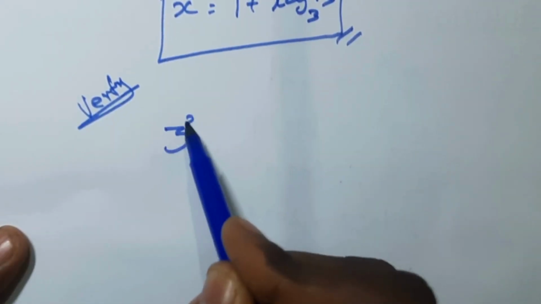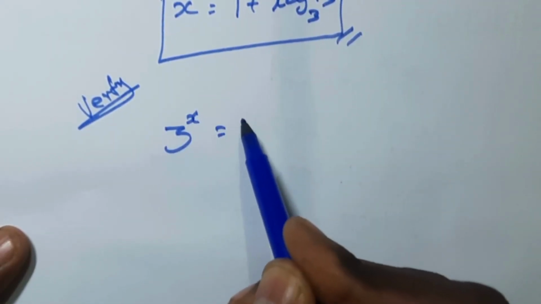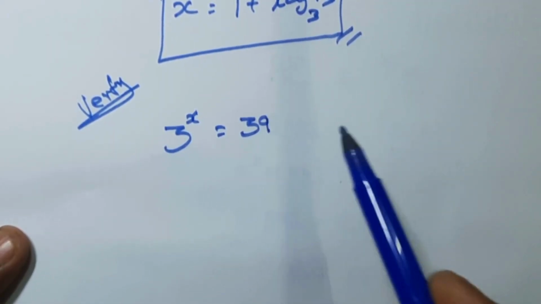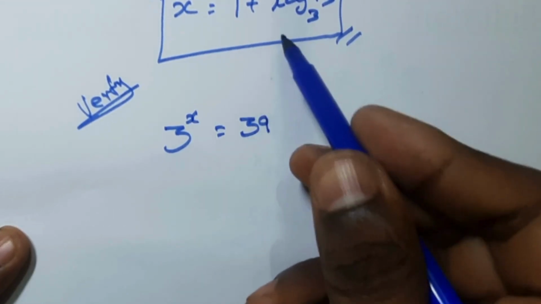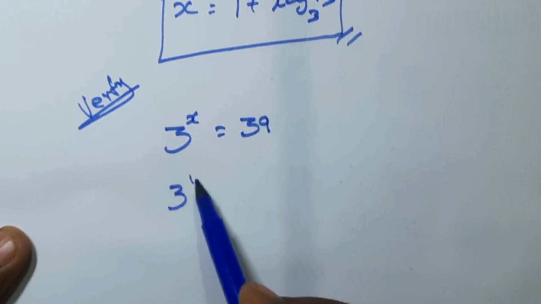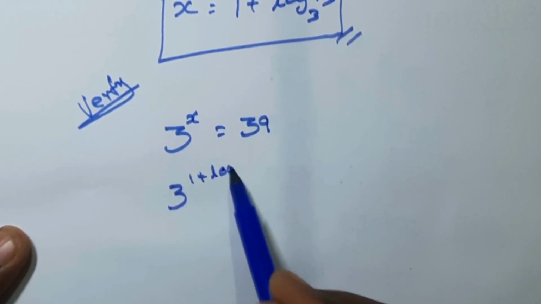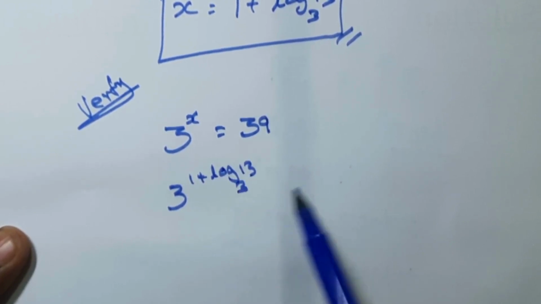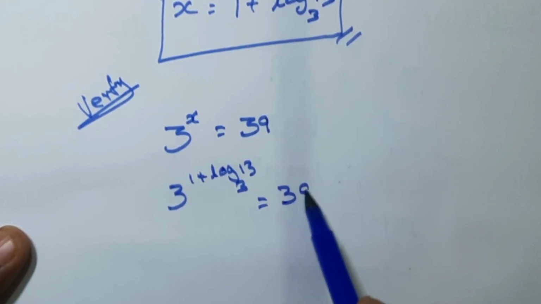3 to the power of x equals 39 is the equation. We are going to apply this x. 3 to the power of 1 plus log 13 base 3 equals 39.